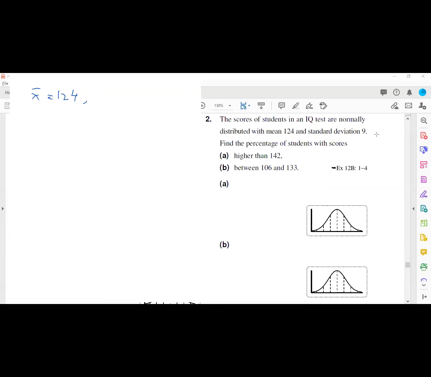And then standard deviation is equal to 9. And then find the percentage of students with scores higher than 142. Higher means larger than 142.